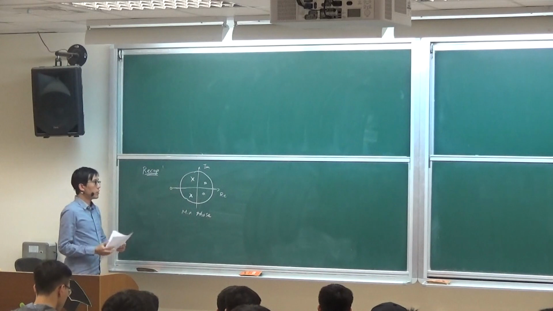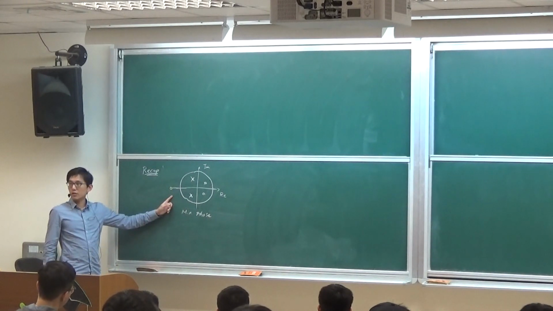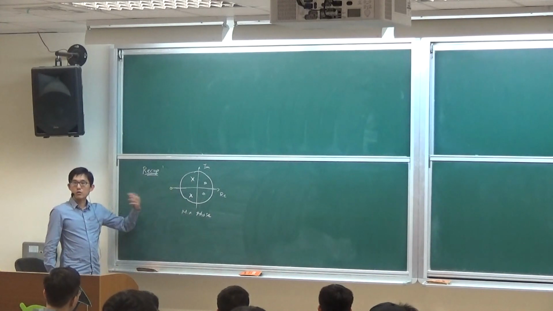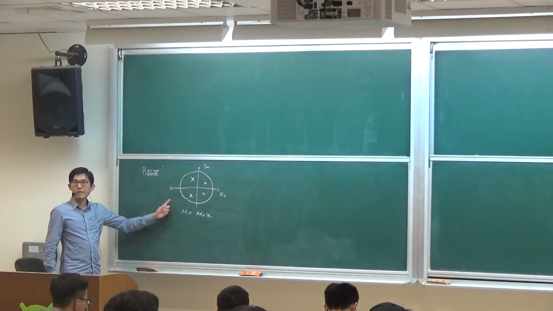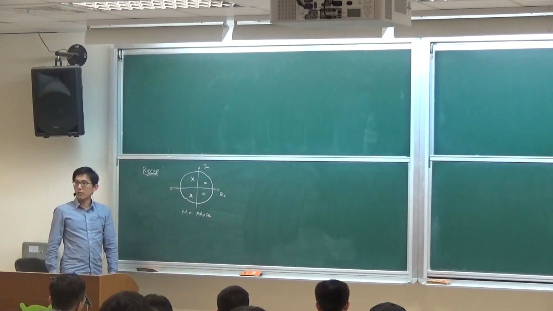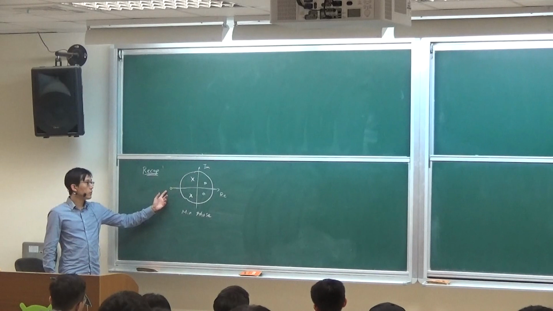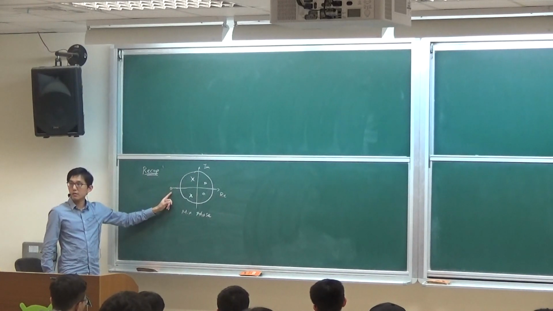Then this kind of system cannot be inverted. If we really construct the inverse, that system is not going to be stable. So we cannot find a stable causal inverse for any system that has a zero outside.